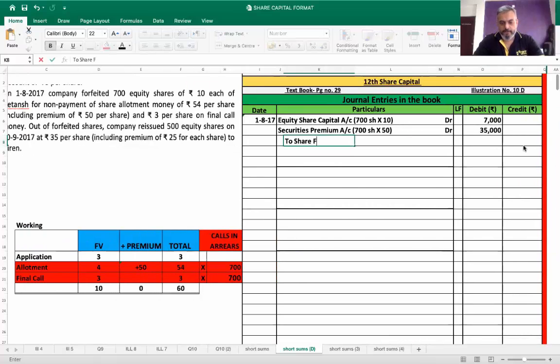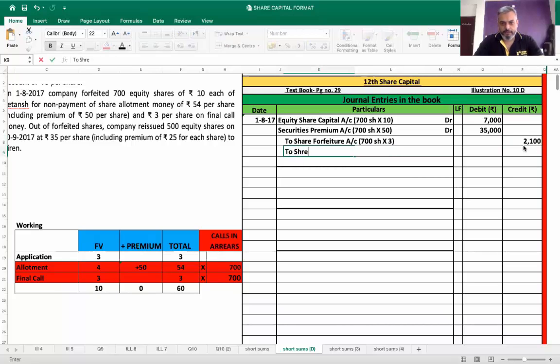To share forfeiture account, 700 shares into rupees 3 per share, 2100.